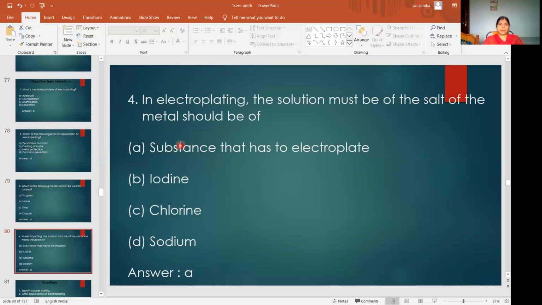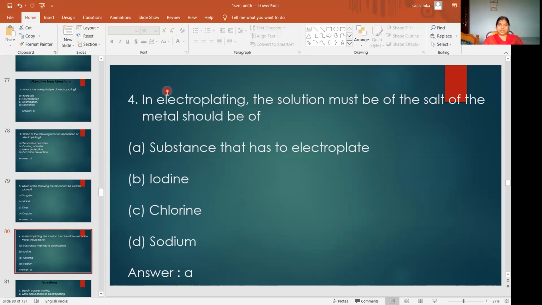Next, fourth question. In electroplating, the solution must be of the salt of the metal should be of. A, substance that has to be electroplated. B, iodine. C, chlorine. D, sodium.